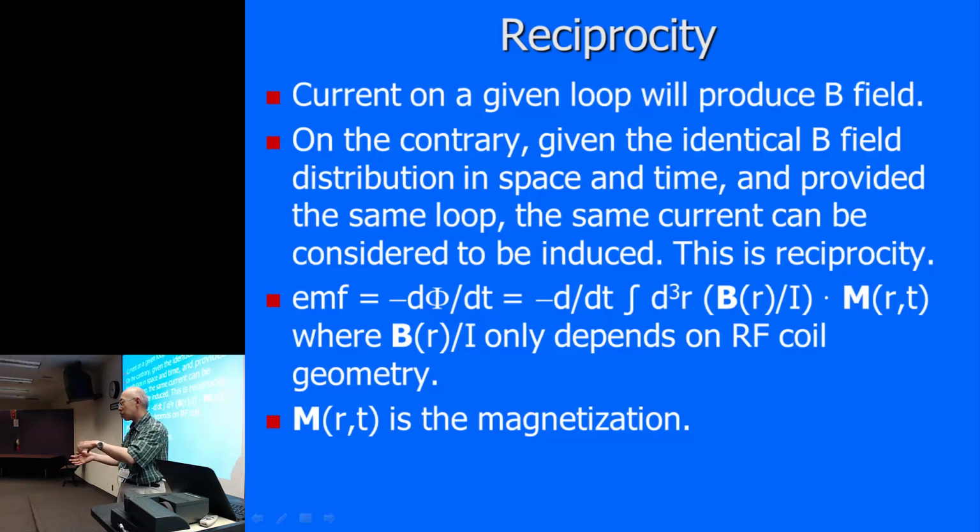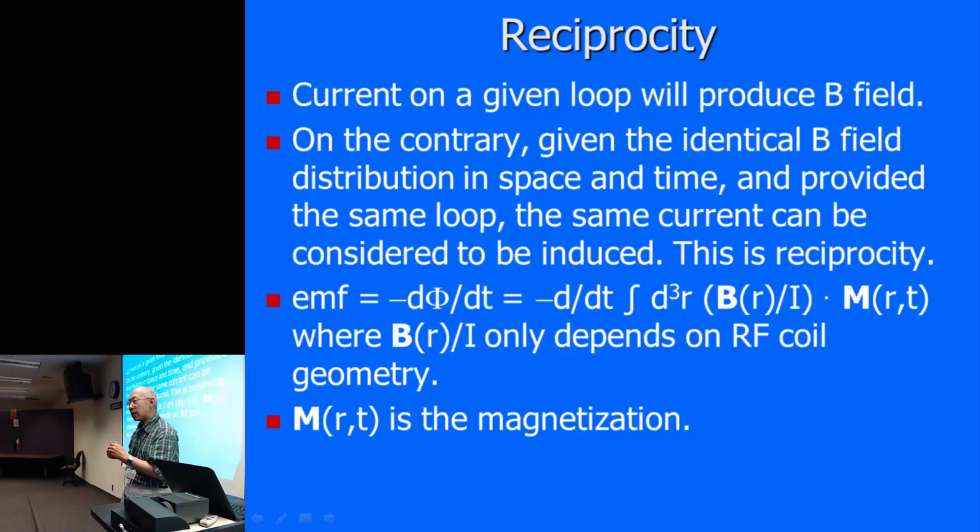If I don't even tell you I have a circuit here, and I just have this field distribution, you would probably guess that there is a loop here, and a DC current flowing in this circuit.